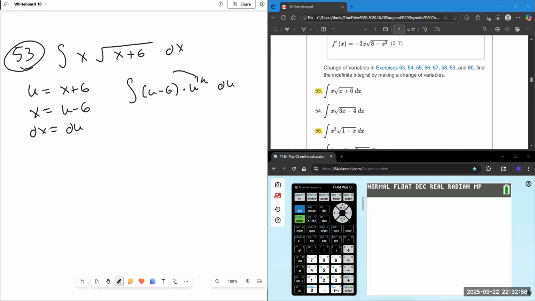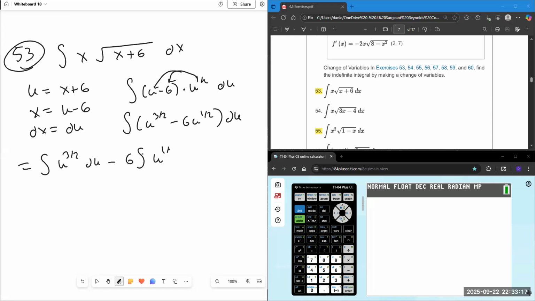So I'm going to distribute from the right here: the integral of u to the 3/2 minus 6u to the 1/2 du is the integral of u to the 3/2 du minus 6 times the integral of u to the 1/2 du, which is u to the 5/2 times 2/5 minus 6u to the 3/2 times 2/3, plus c.